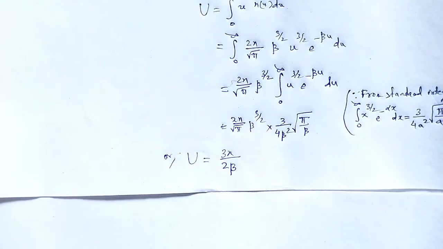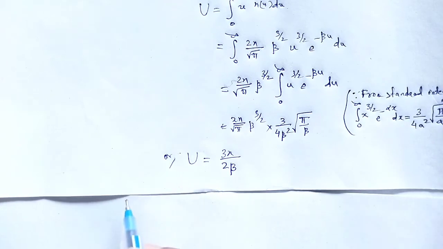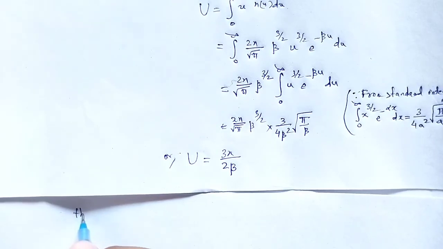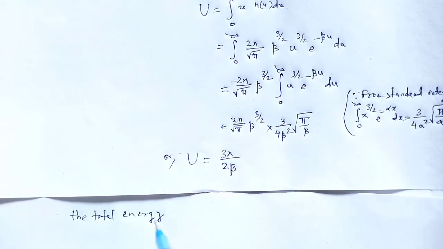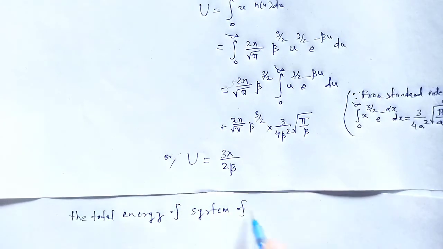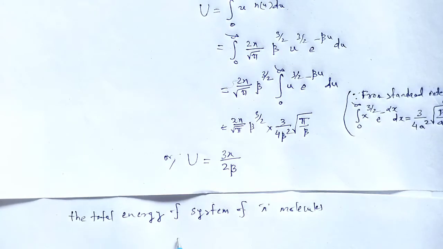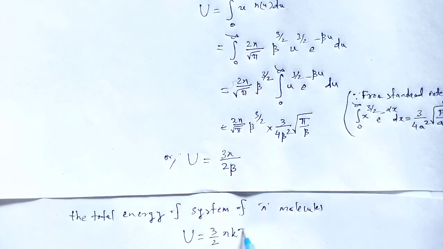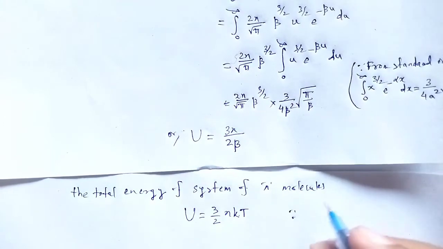Here the total energy of the system of n molecules, that is u, is equal to how much? 3 by 2 n kT, from equipartition energy.